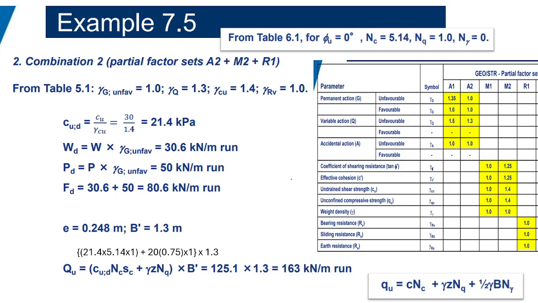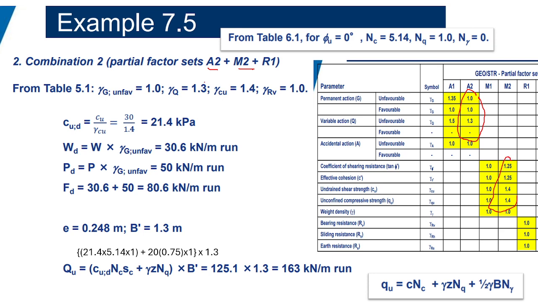Now the same goes for combination 2. How it differs from combination 1 is their factors, because for combination 2 the factors are all these, and the M2 set is this one.